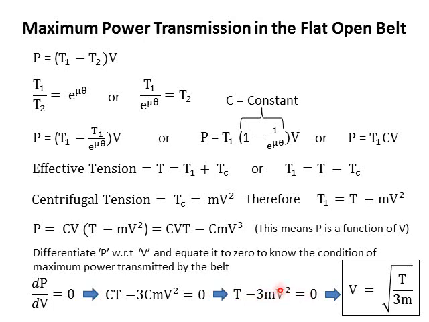Finally, taking v on the left hand side and the remaining terms on the right hand side, we have the final equation, which is v is equal to the square root of T divided by 3m. If we put this v in the power equation, we will get the maximum power transmitted by the pulley to the belt.